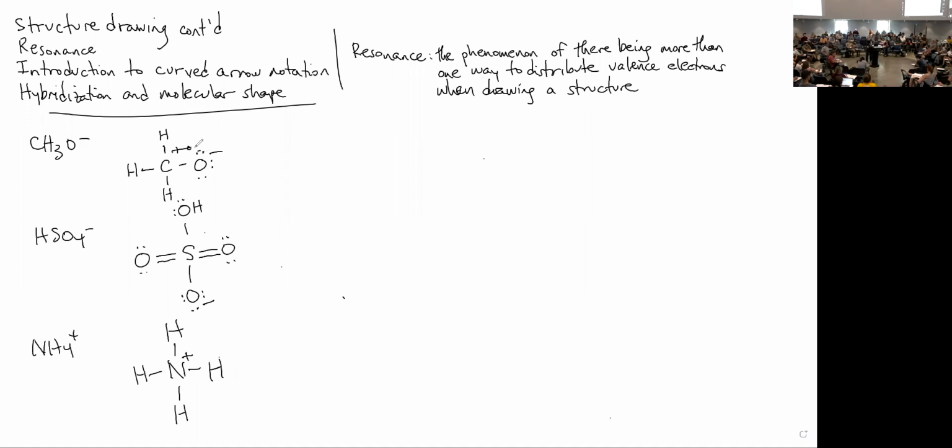If you tried, for instance, to make a multiple bond to carbon, you'd find carbon has 10 electrons around it, and that's not allowed. So that's the only way to draw that structure. Of course, you can turn it whichever direction you want. That's just an equivalent structure. But that's the only correct way of assigning the locations of the valence electrons. There are no others. So the methoxide ion does not exhibit resonance.